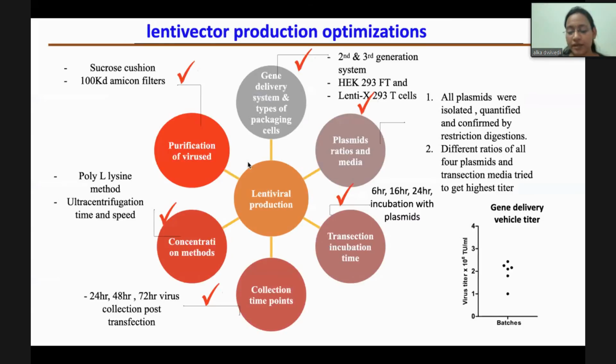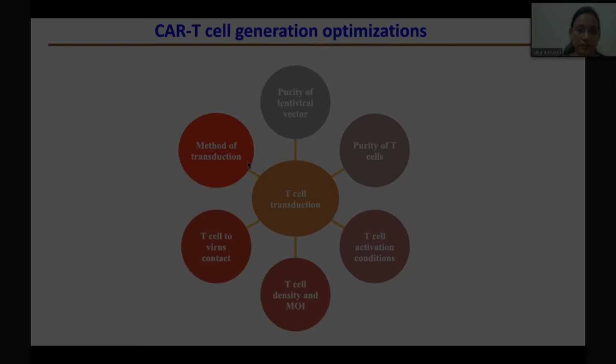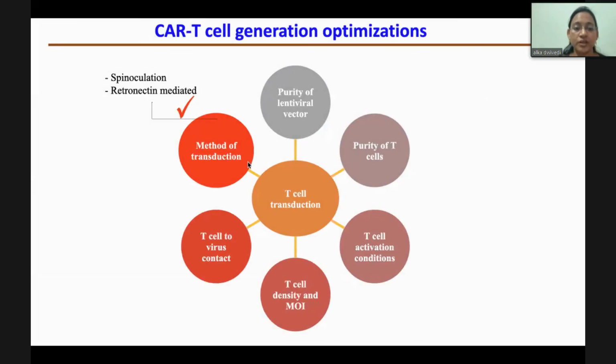After this lentiviral optimization, we optimized the CAR T cell generation with this lentiviral vector. The first step was which method we should use, spinoculation or retronectin-mediated transduction, and which gives higher transduction efficiency.